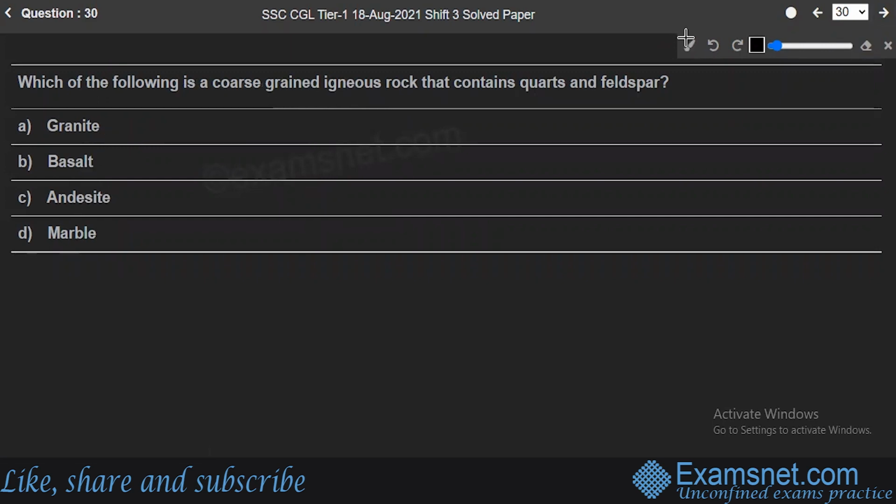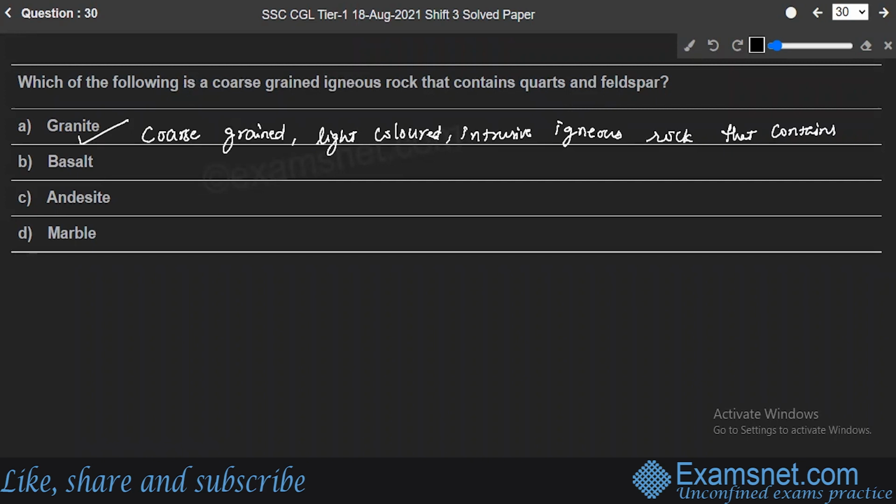Well, the answer is granite. Granite is a coarse grained, light colored, intrusive, igneous rock that contains mainly quartz, feldspar, and mica minerals.